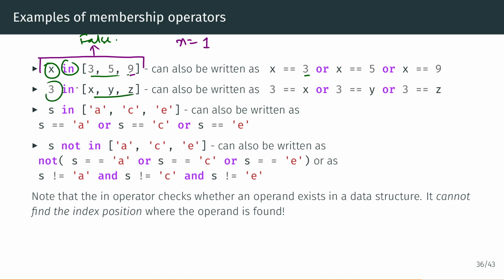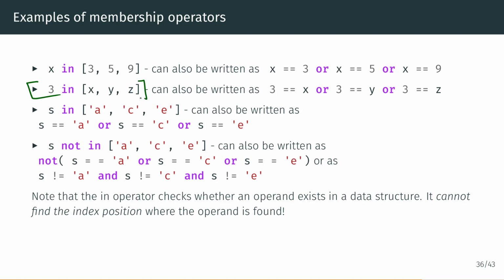In the second example, we are trying to find if the value 3 exists in the list x, y, z. Remember, x, y, z are all variables. So this can also be written as 3 equals x, or 3 equals y, or 3 equals z.